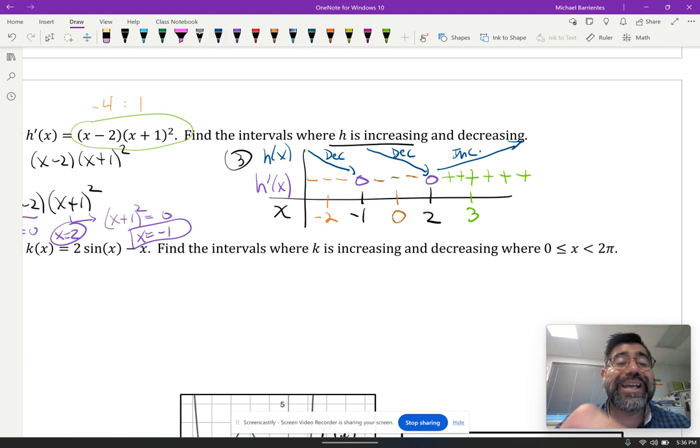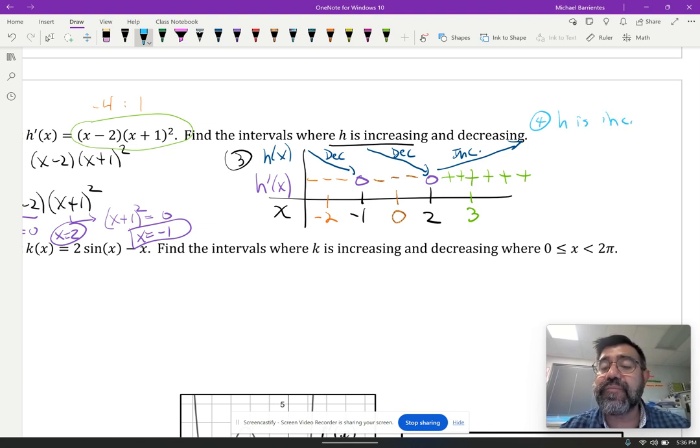So therefore, I can say with confidence that this is step number 4. h is increasing on the interval for x's that are greater than or equal to 2 because h prime is greater than or equal to 0.